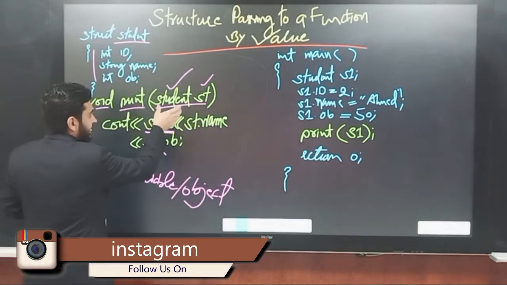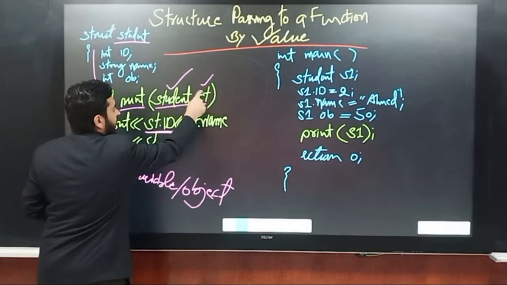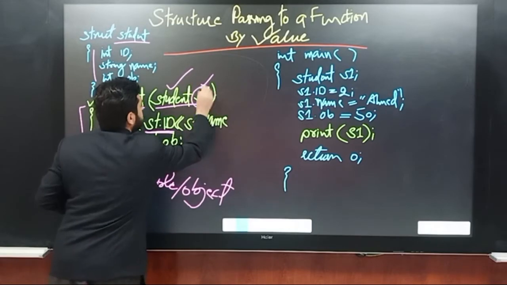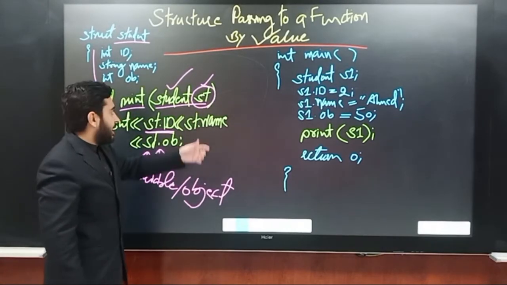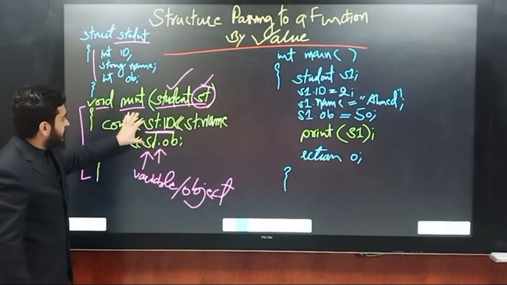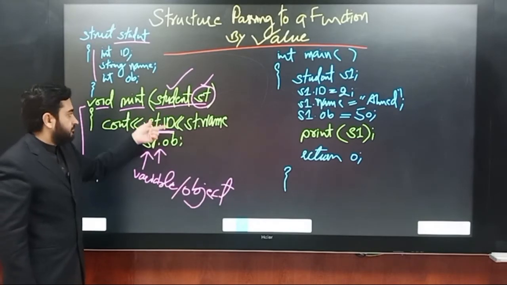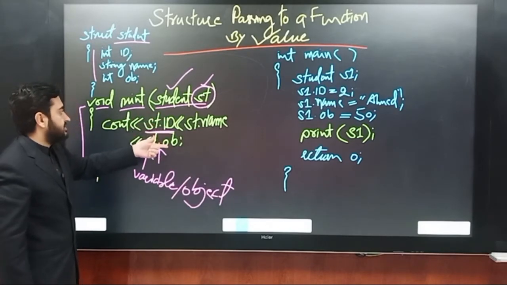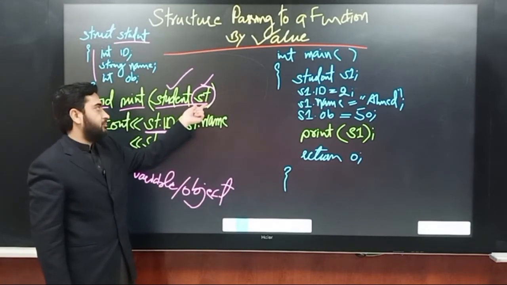It will receive a copy of the student structure and save it into the st variable, and then we print those values using the variables that are already defined and available in the copy, the object st.